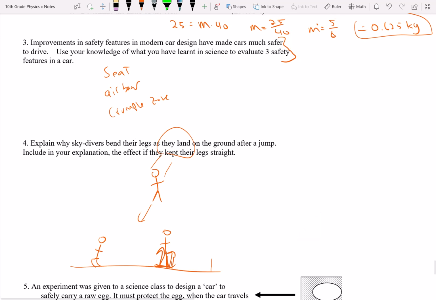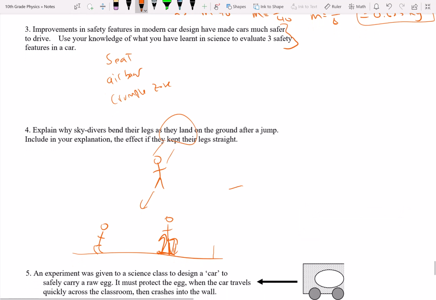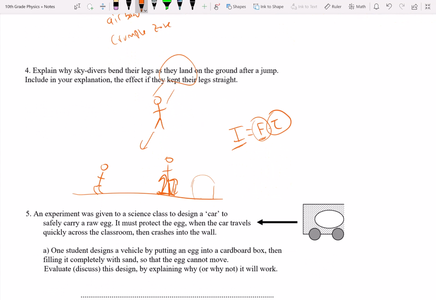Increasing the time of the collision. And according to impulse, right? Impulse is force times time. If I increase the time, I decrease the force, right? So if I bend my legs, I'm increasing the time of the impact, which then decreases the force of the impact, which in this case is the impulse, right?